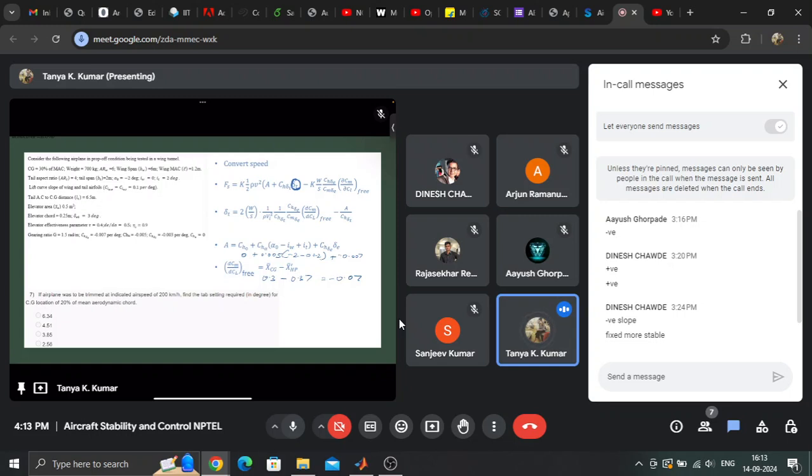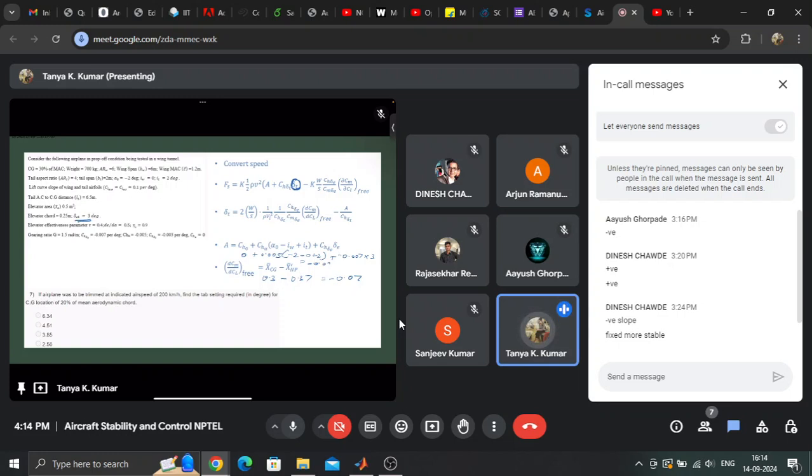And delta E is 3 degrees. Take delta E naught, right? 3 degrees. So how much is A? A comes to, correct me if I'm wrong, I'm getting minus 0.02.